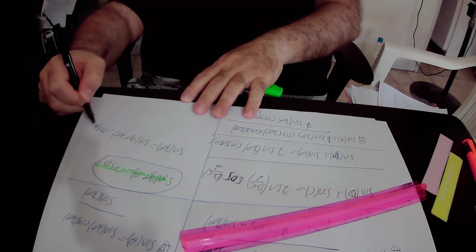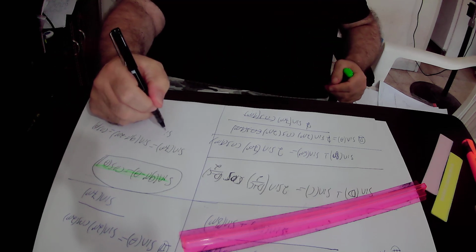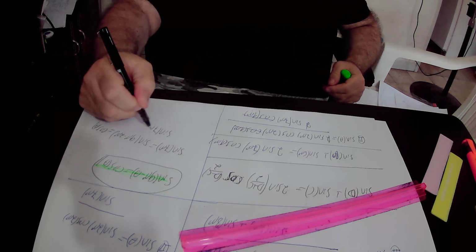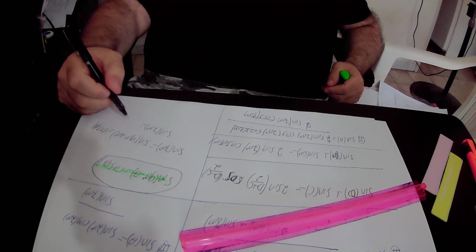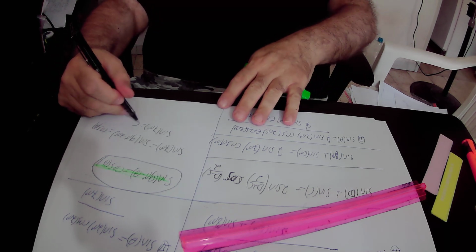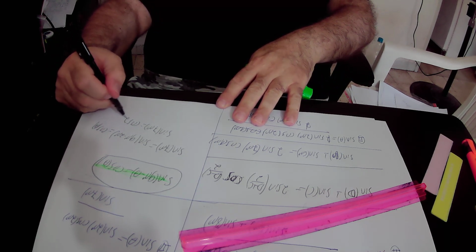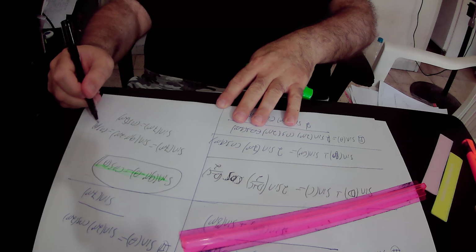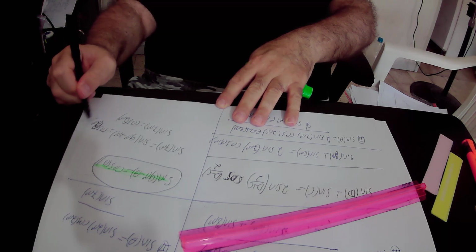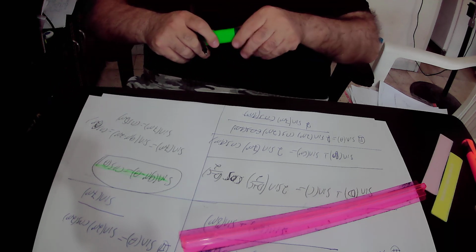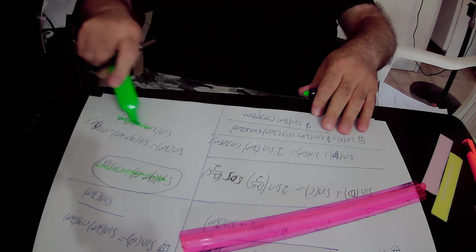So in conclusion, we found out that sine 70 degrees equals cosine 20 degrees.